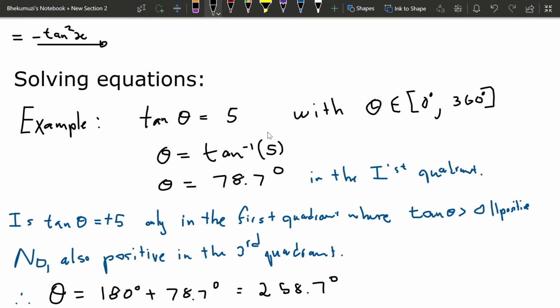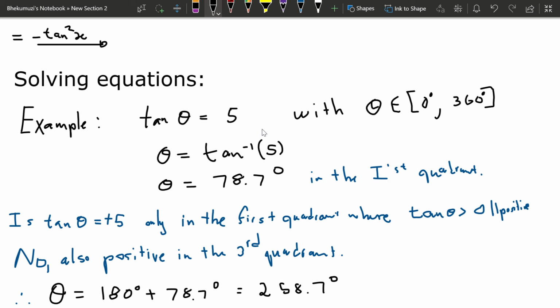In the first quadrant all of them are positive, and the 5 we're looking at was a positive number. Since 5 is positive, tan theta is positive as well. But where else can tan be positive? Is it only in the first quadrant?